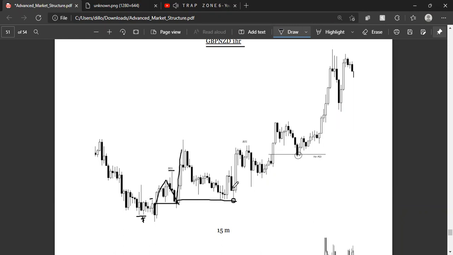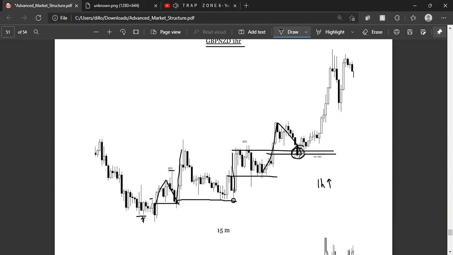Another little break of structure, a retest, and then finally another break of structure and a retest. So we understand that the 1 hour is bullish.